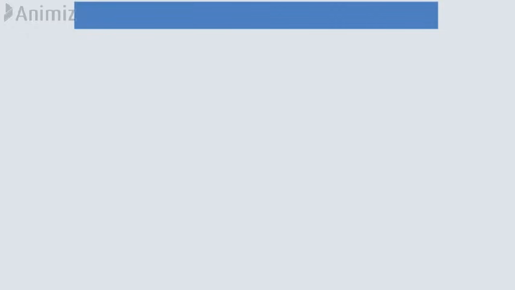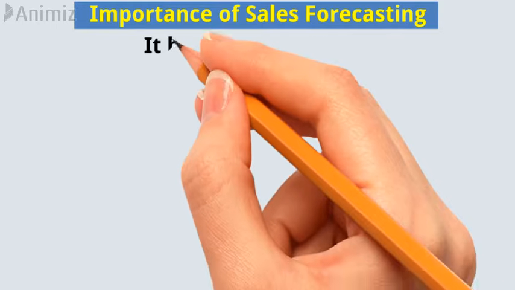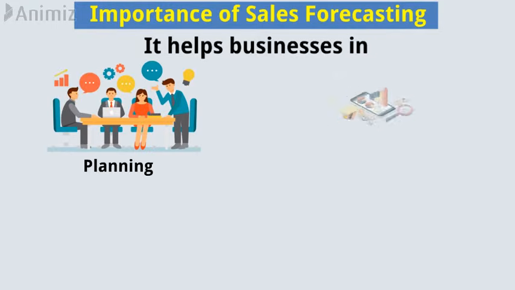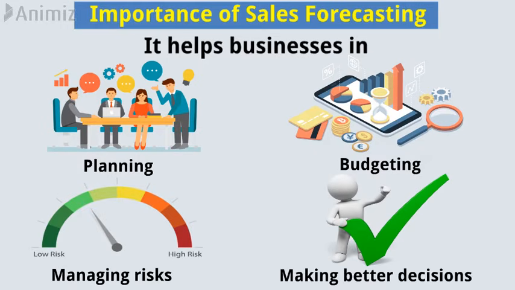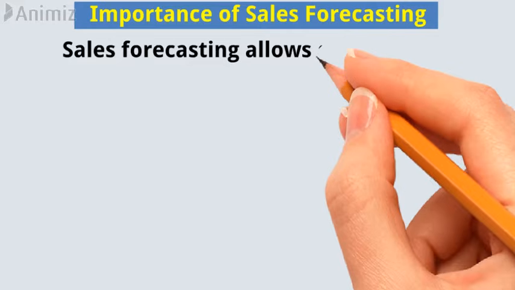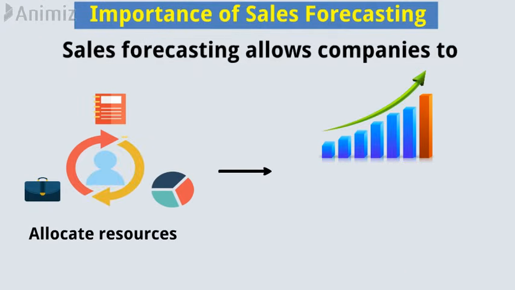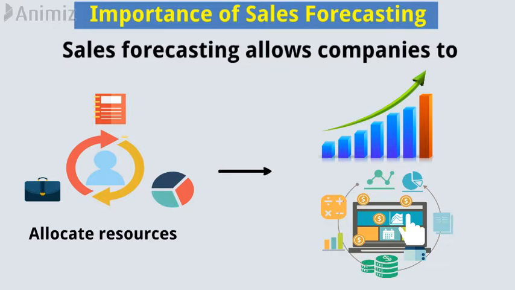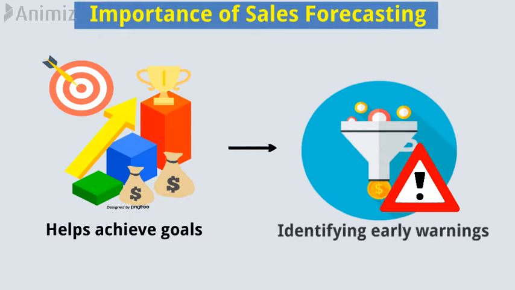Now come to importance of sales forecasting. It helps businesses in planning, budgeting, managing risks and making better decisions. Sales forecasting allows companies to allocate resources effectively for future growth and manage their cash flow. It helps sales teams achieve their goals by identifying early warnings in their sales pipeline.